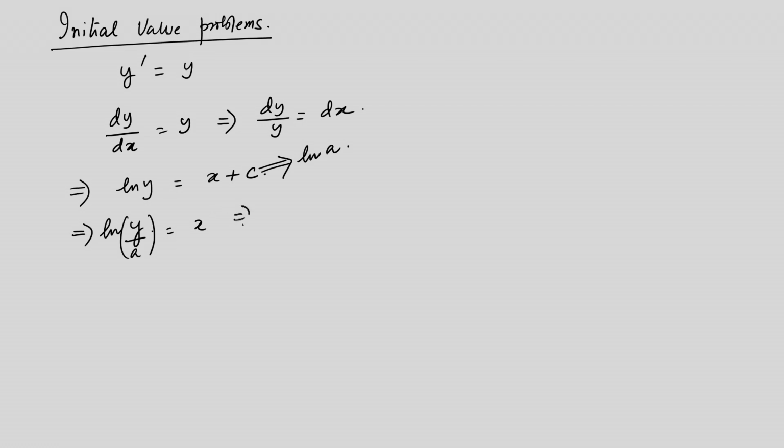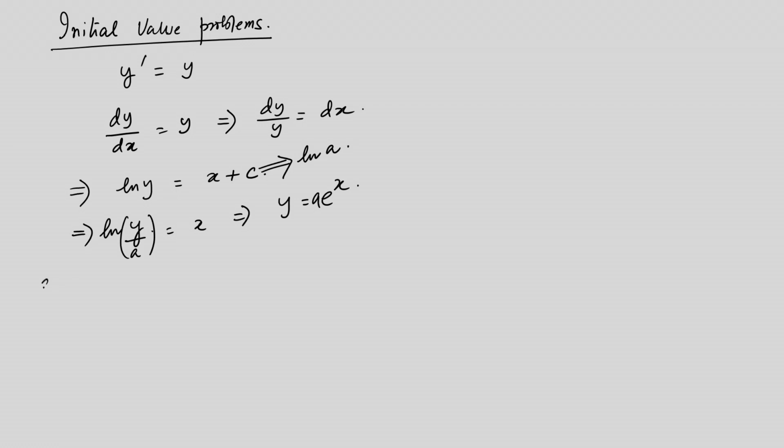So this will give me y equal to a e to the power x. So a e to the power x is a general solution, and a has to be determined in order to arrive at the particular solution.